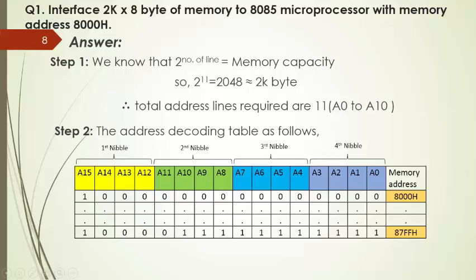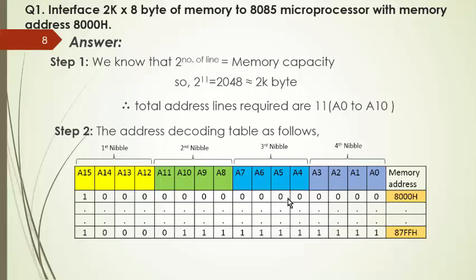After grouping the nibbles, on the right-hand side you have to write the memory address, 8000x, in the binary format. Here 8000 means, in the first nibble, we have 8, so in binary format 1000.